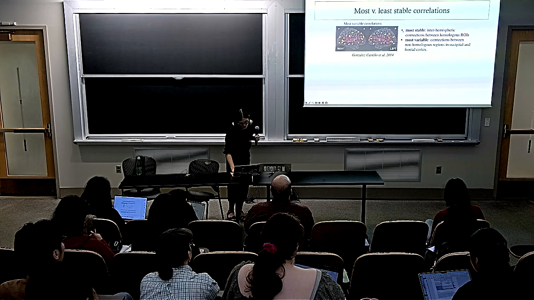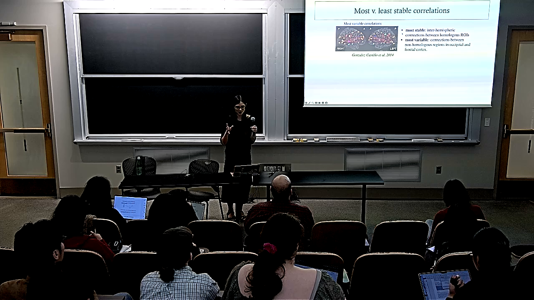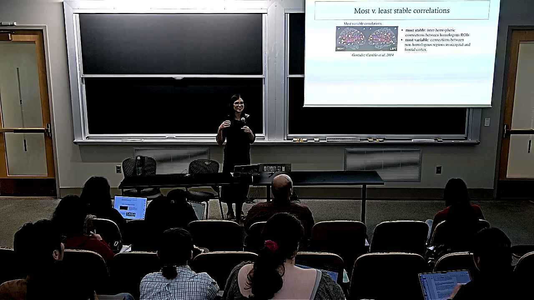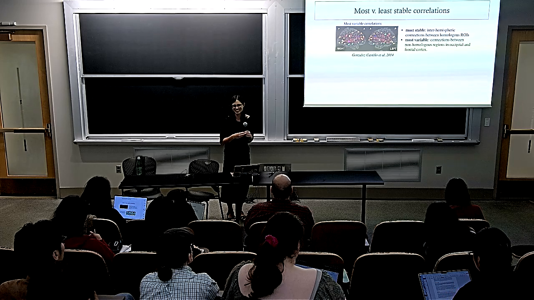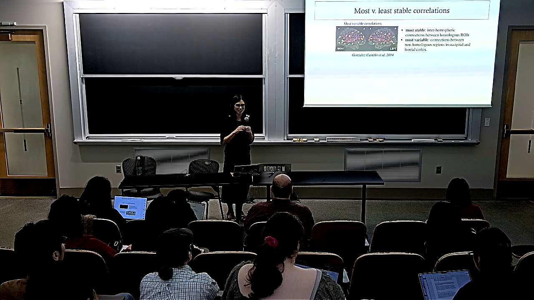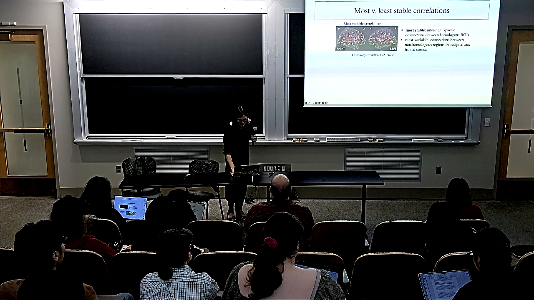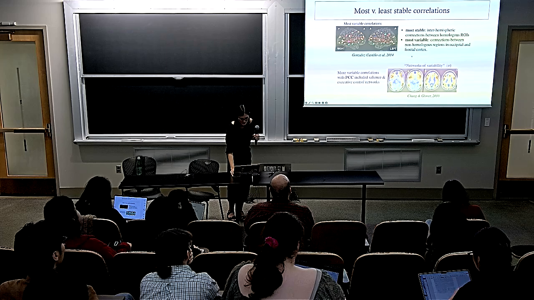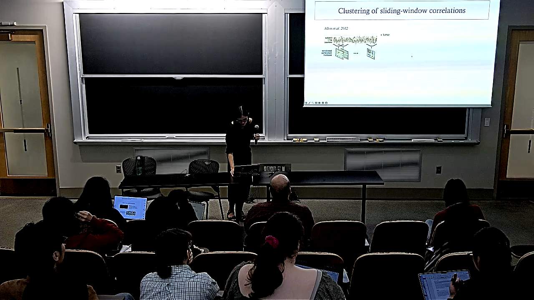It turns out that, as you might expect, regions that tend to be very consistently correlated as parts of functional networks don't have a lot of variability in time, because they show up very consistently by definition. But other regions seem to be more variable in terms of whether they're part of the same network or not. And so you can actually characterize those kinds of regions that end up shifting their allegiance between different networks. I'm going to skip this for now.